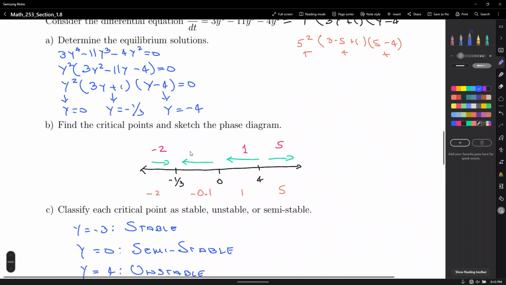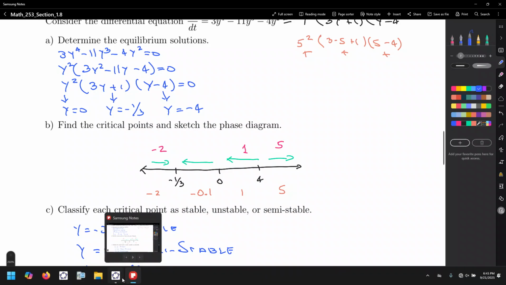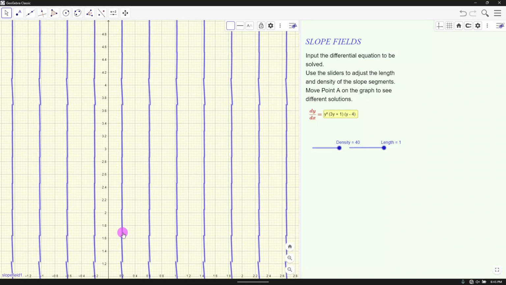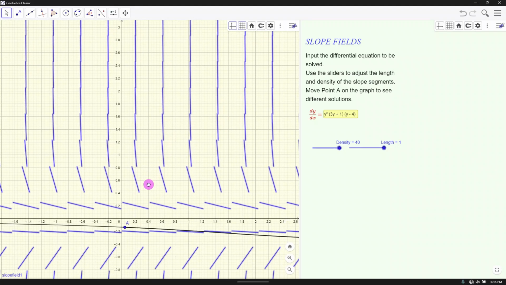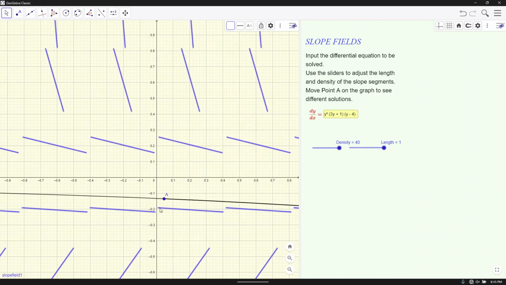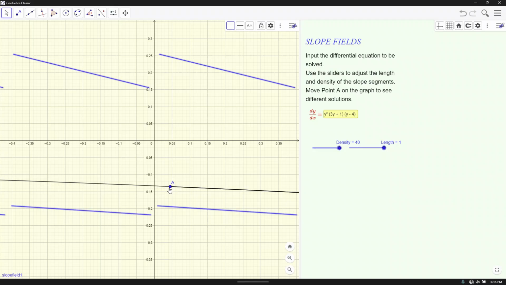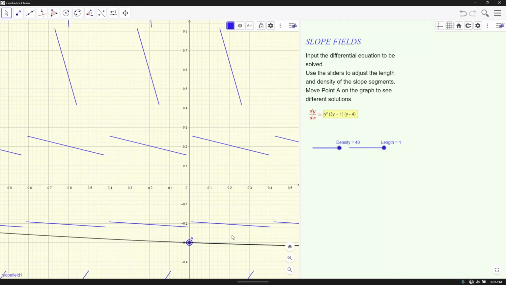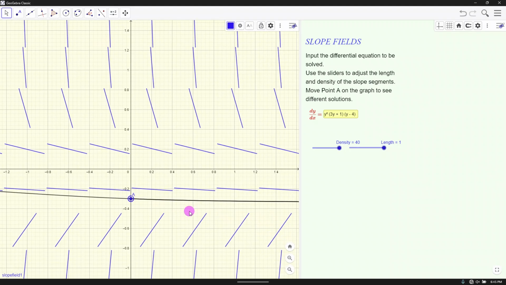At -1/3 we have a positive slope and then a negative slope. That's a stable critical point or critical value. Let's verify that. At y equals -1/3, somewhere here, see how the slopes behave.